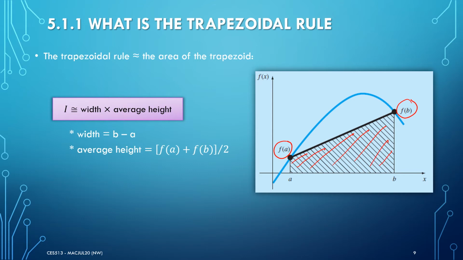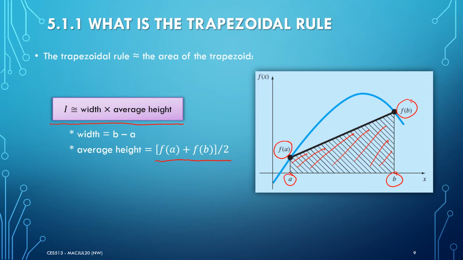Therefore, the integral estimate can be represented as I equals width multiplied by average height. The width here is equal to b minus a, and the average height is equal to (f(a) plus f(b)) divided by 2. So it's a trapezoidal area.